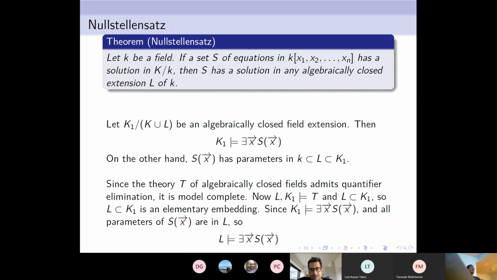You can refer to the book written by Bruno Poizat, A Course in Model Theory.